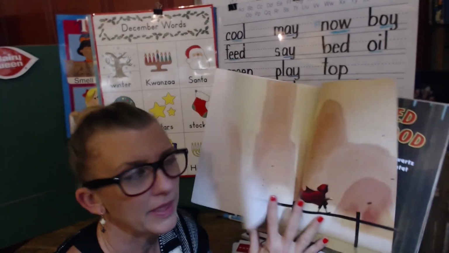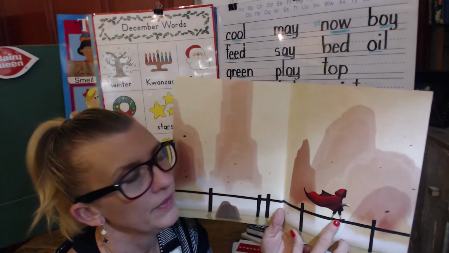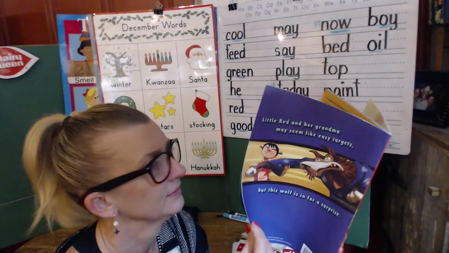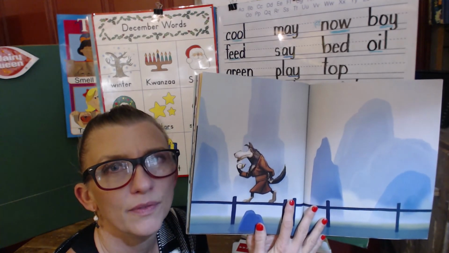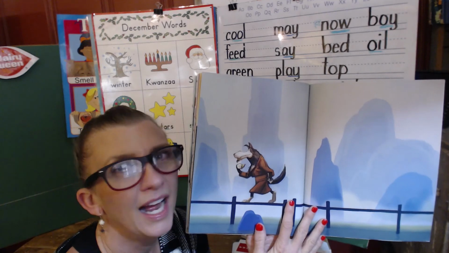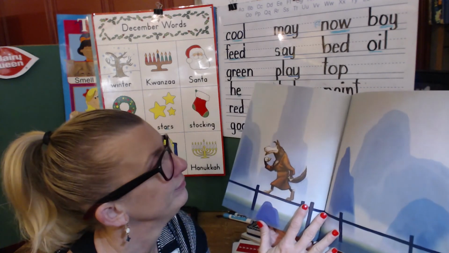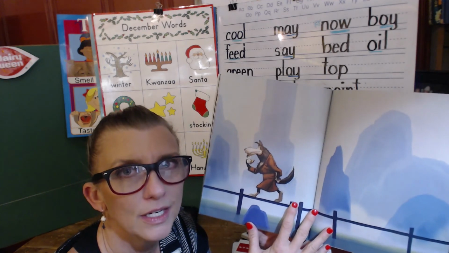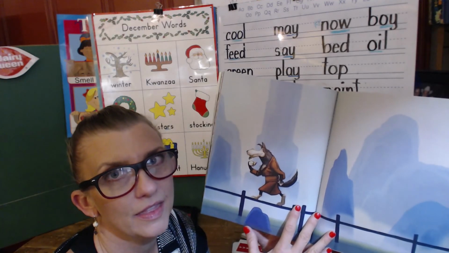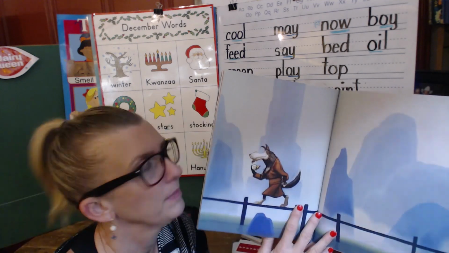It started with a picture of the little girl, but it ended with a picture of the wolf. I feel like in this version, the wolf is our true main character and the character that learned most from the story.